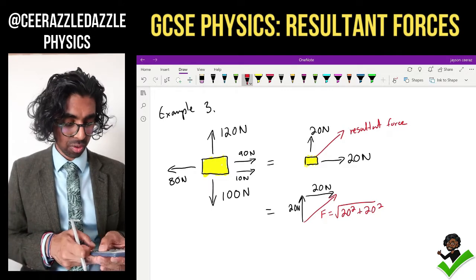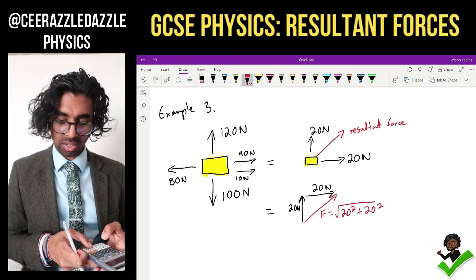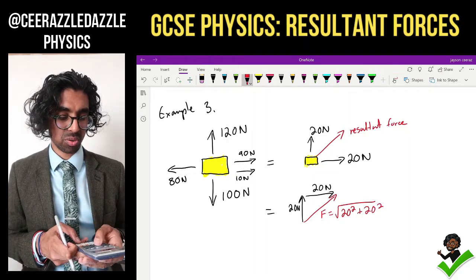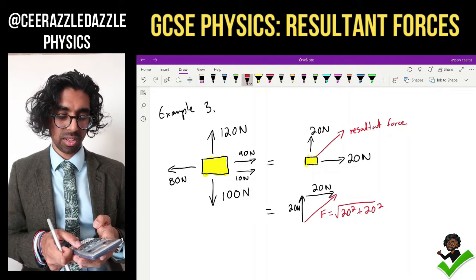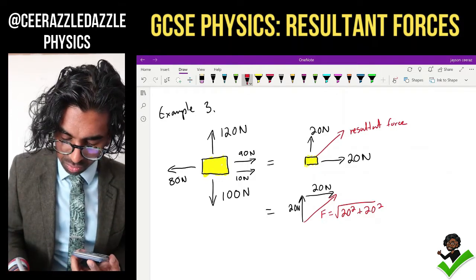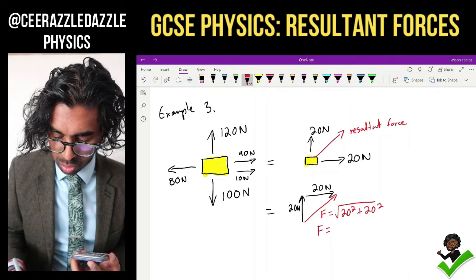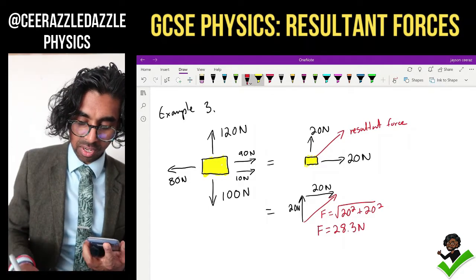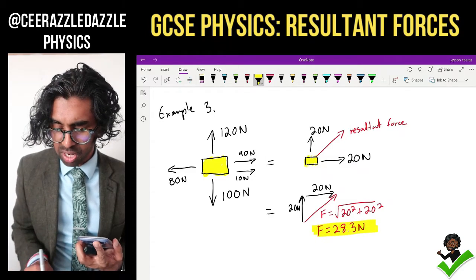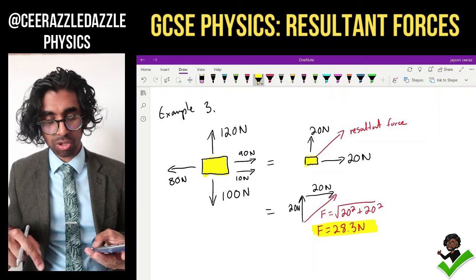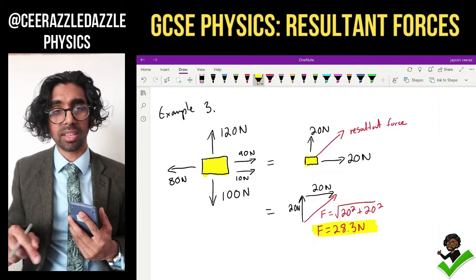So we're going to go for 20 squared plus 20 squared, square root the whole thing, bang, I've got 28.3. So the resultant force F will be equal to 28.3 newtons. Right, that's a little bit harder now, and it's combining your skills from mathematics into physics. Because I used a little bit of Pythagoras to help me at the end.